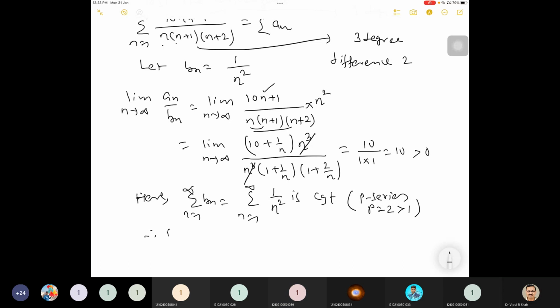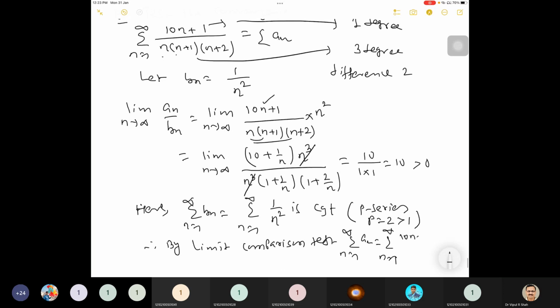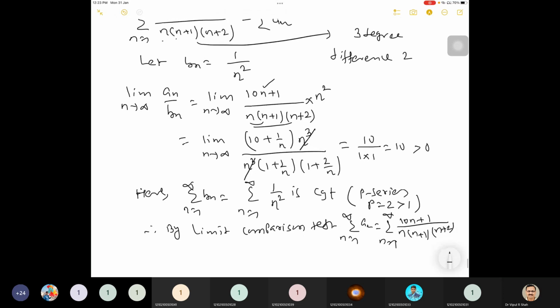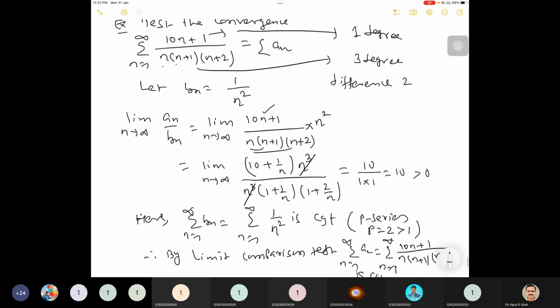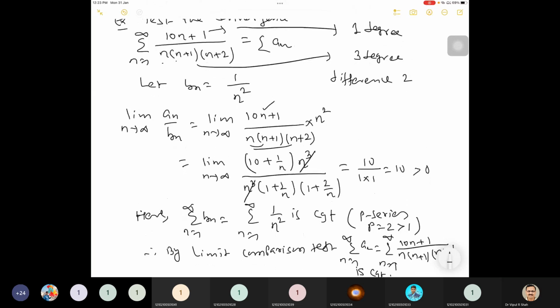So therefore, by limit comparison test, series An is also convergent. Okay, everyone, understood? Yes, sir. You can write down quickly.